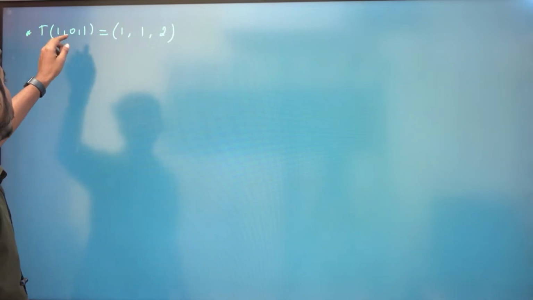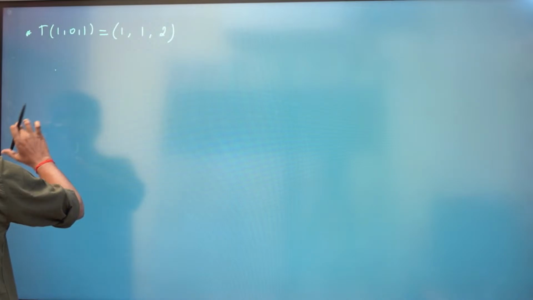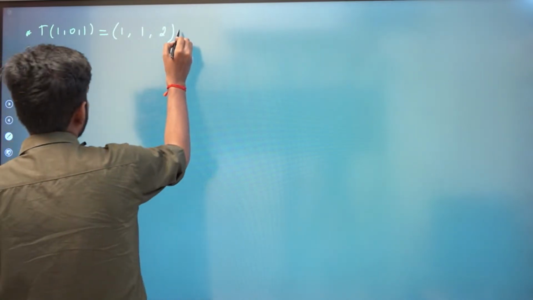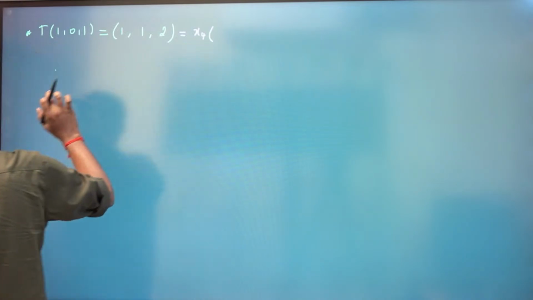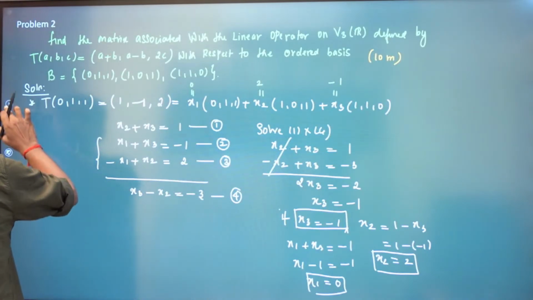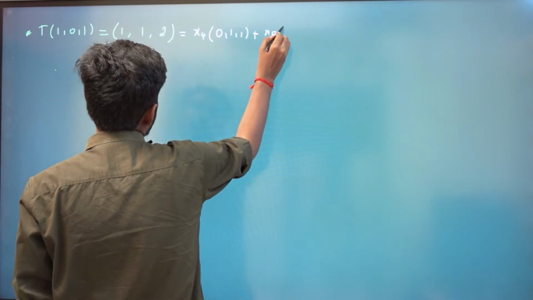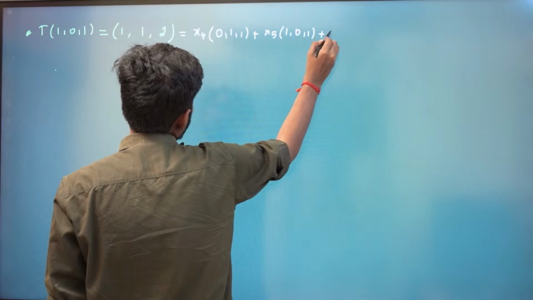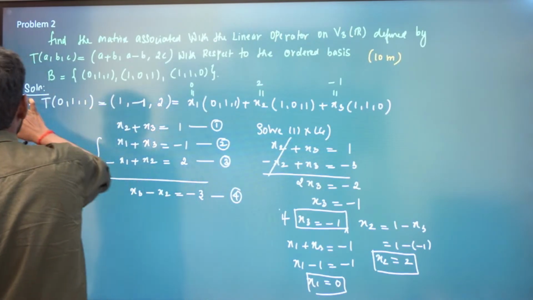Now we have to express this as a linear combination of basis vectors. Let us say some x4 times 0, 1, 1, plus x5 times 1, 0, 1, plus x6 times 1, 1, 0.